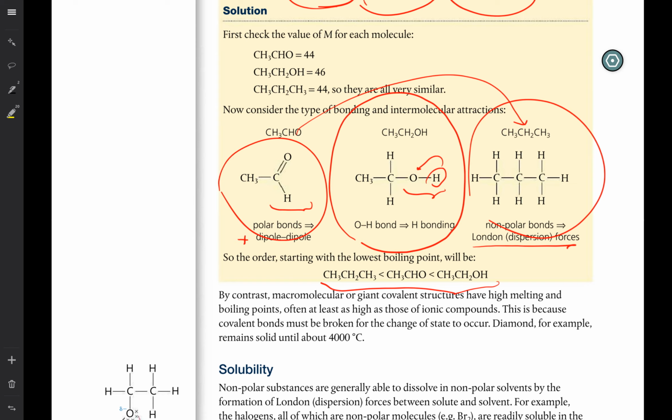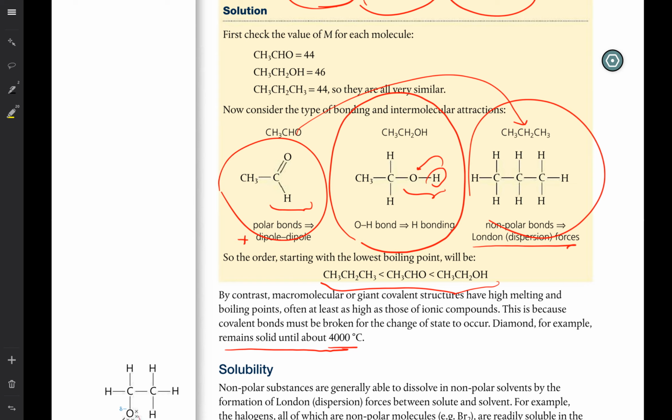When you want to melt them, you have to overcome these covalent bonds, which is not easy to do. So that's why most giant covalent compounds have very high melting points. For example, diamond remains solid until about 400 degrees. Above 400 degrees, the bonds between the carbon atoms in diamond start to break up.